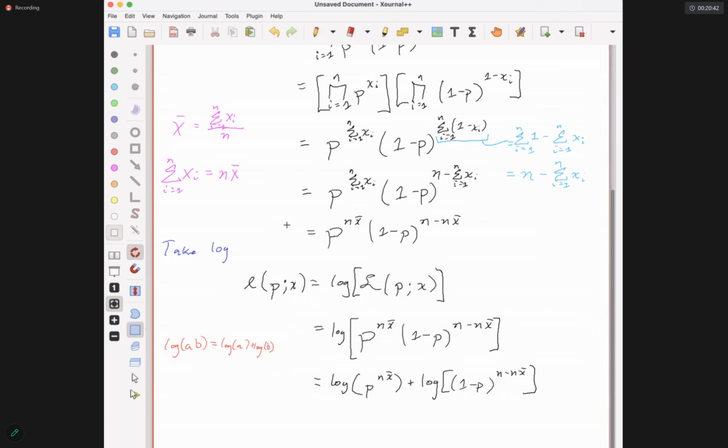So we've already used this one. What's another one that's useful to us? So it has to do with the log of, let's say, y to the a. This is equal to what?